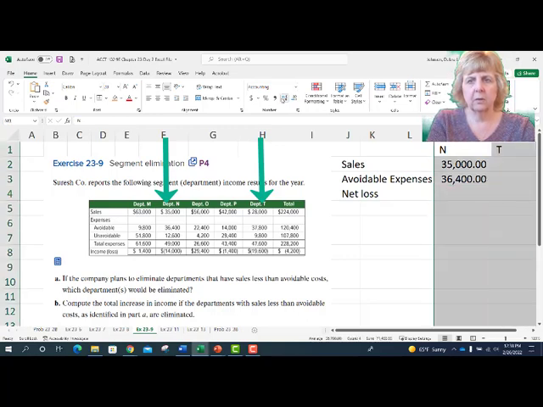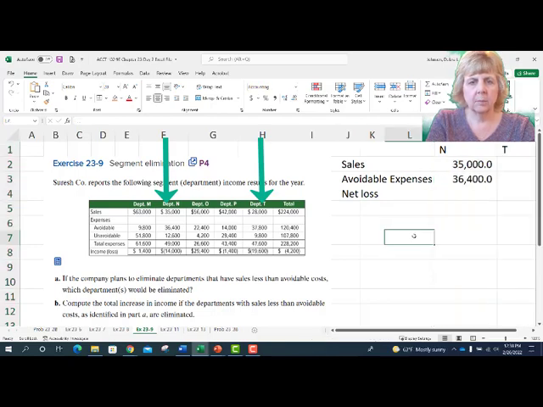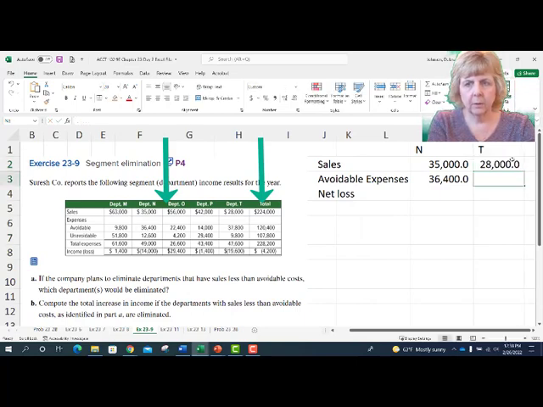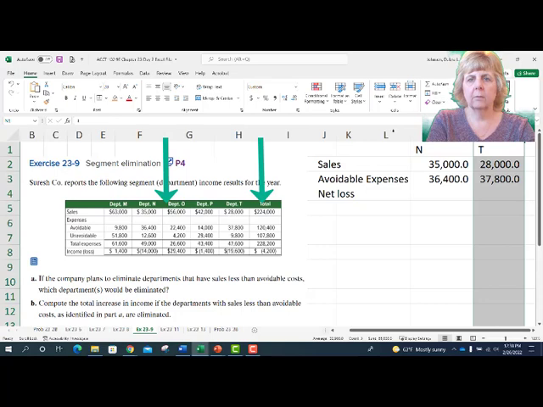I don't think we need those. It just takes up more space. And then in Department T, we'd have sales of $28,000 with avoidable expenses of $37,800. Let me compute that. I should have gotten rid of those decimals as well.